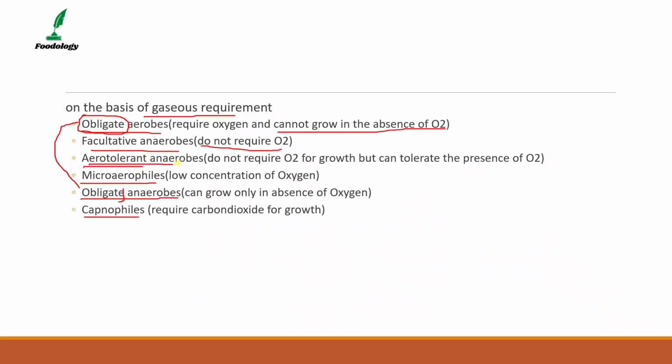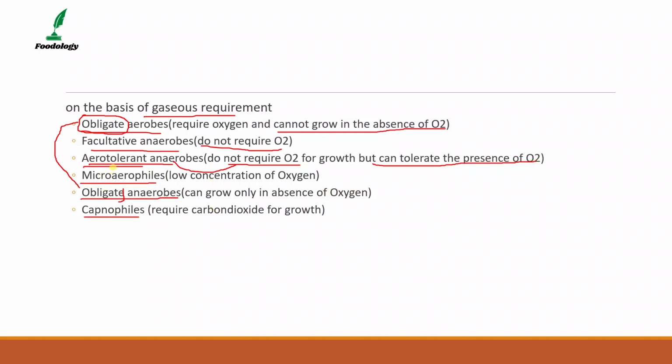Aerotolerant anaerobes do not require O2. Anaerobes, clear over here. They do not require O2. I believe that is clear now. Aerotolerant, tolerant is also there, so they do not require oxygen for growth, but can tolerate the presence of O2. I mean, if the concentration of O2 is very low, they can tolerate the presence of O2.